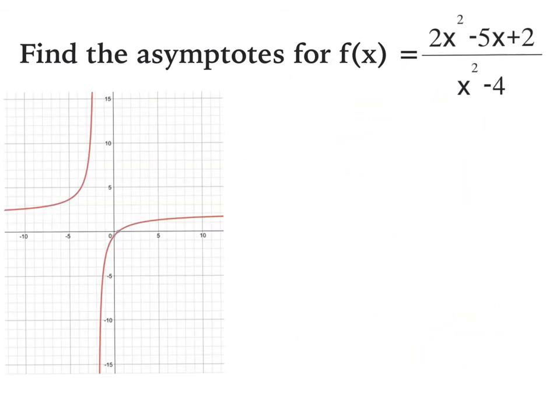Alright, so next let's try to find the asymptotes for this function using the graph. It appears that it's going to have a vertical and a horizontal asymptote. We just need to find the values for which that's true. Let's first start with the vertical. When I look at the graph, I see that as the function approaches negative infinity on the x-axis, it's going to get closer and closer to x equals negative 2.